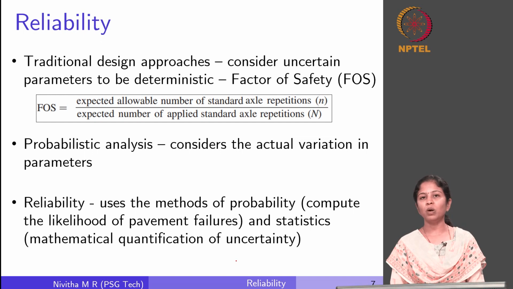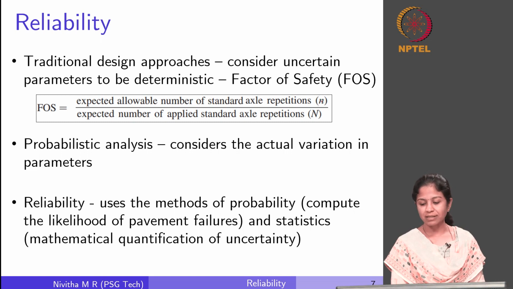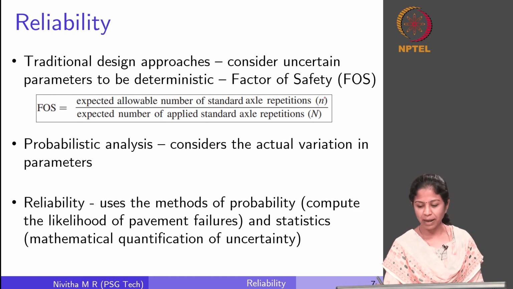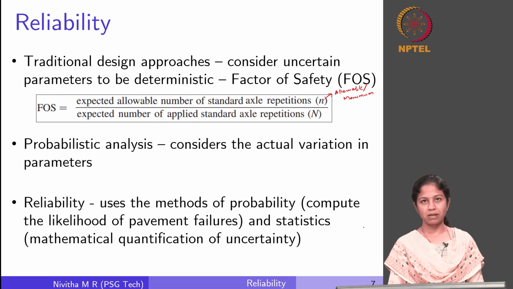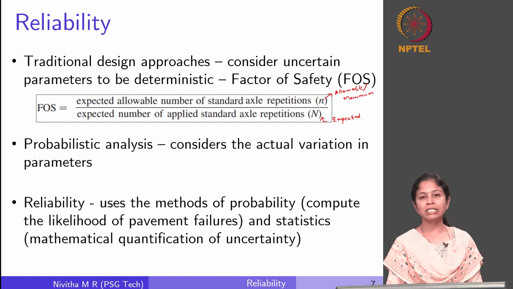So, for a pavement, how is this factor of safety defined? It is the expected allowable number of standard axle repetitions to the expected number of applied standard axle repetitions. This is my allowable or the maximum value that my material can take, and this is the expected value which I am going to observe in my case.